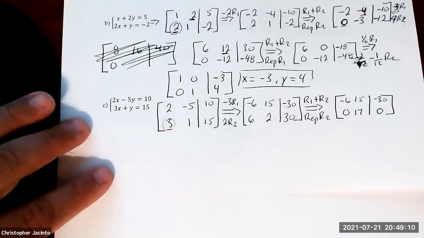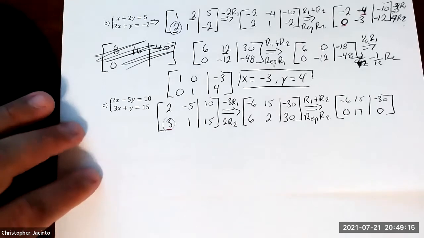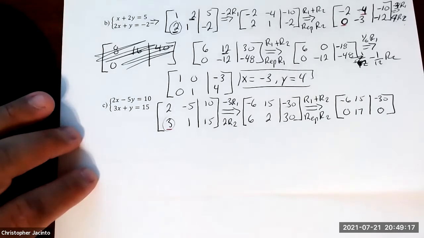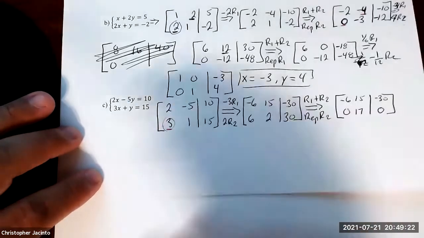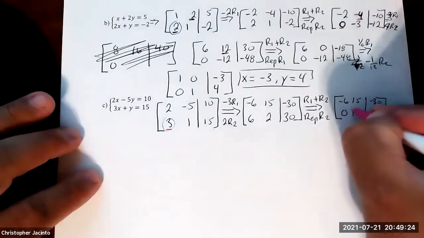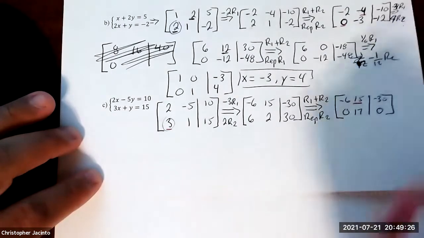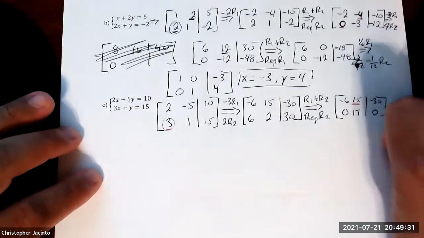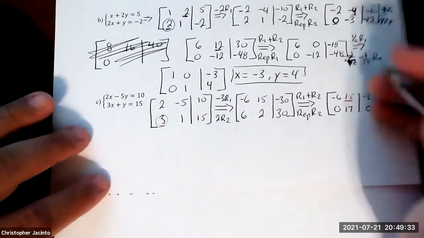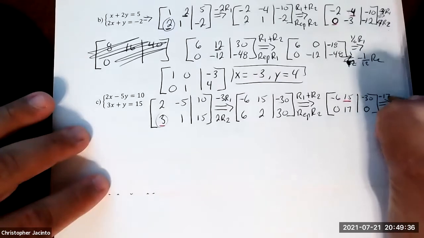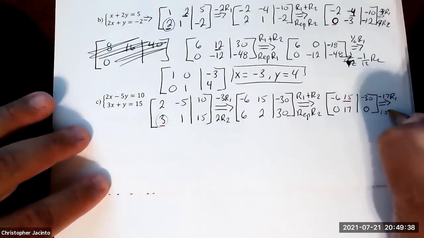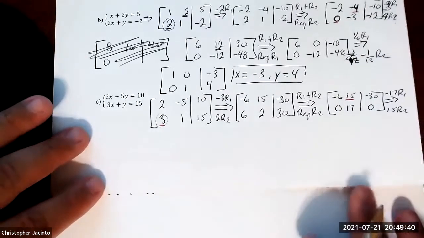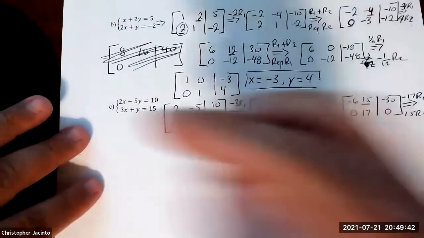Okay. So far, so good. Okay. All right. So next step, we want that to be a 0. So therefore, I'm going to multiply the top, let's say, by negative 17, and the bottom by 15. All right.